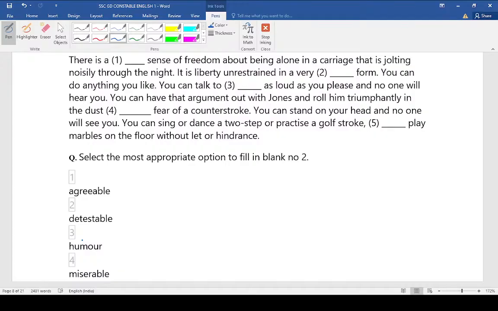Agreeable is related to pleasant, enjoyable things. Detestable is nothing but dislike. Humor is nothing but amusing, not freely expressing ideas. Miserable is nothing but uncomfortable. So accordingly, agreeable is the correct answer.